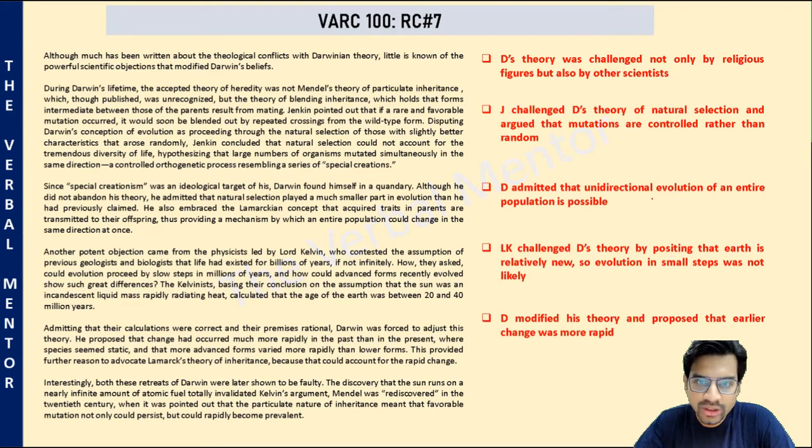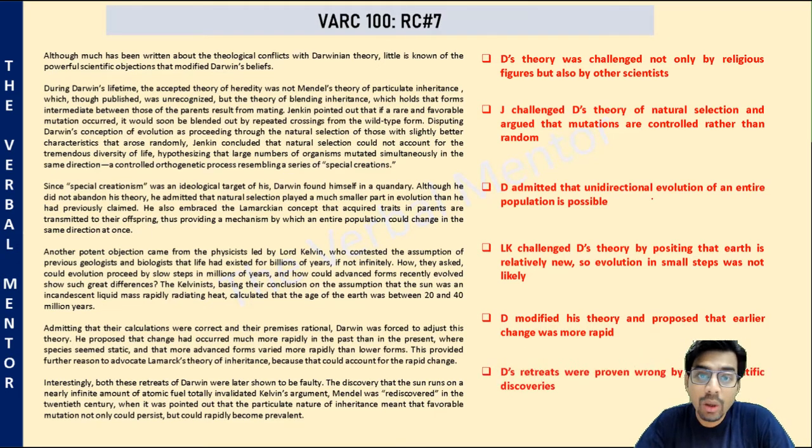As a response to Kelvin's objection, Darwin modified his theory. He proposed that earlier evolutionary changes were more rapid than they are at present.